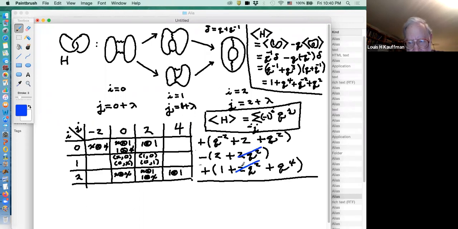I have a 2 and a minus 2, so these will cancel. And so I am left with Q to the minus 2 plus Q squared plus 1 plus Q to the fourth. So check. That works. Okay.